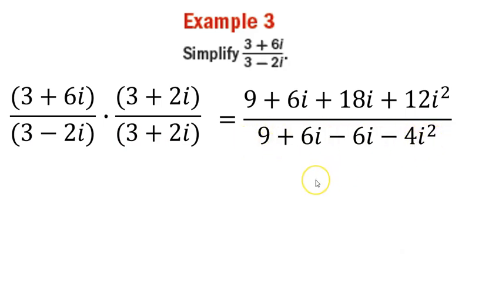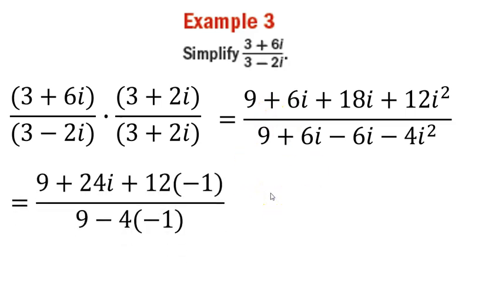Now there's some simplification that we can do. In the numerator, I'm going to simplify the 6i plus the 18i to 24i, because they're like terms. This i squared is -1, so I'll change that to -1. I do something similar in the denominator. Notice that we have a positive 6i and a negative 6i.